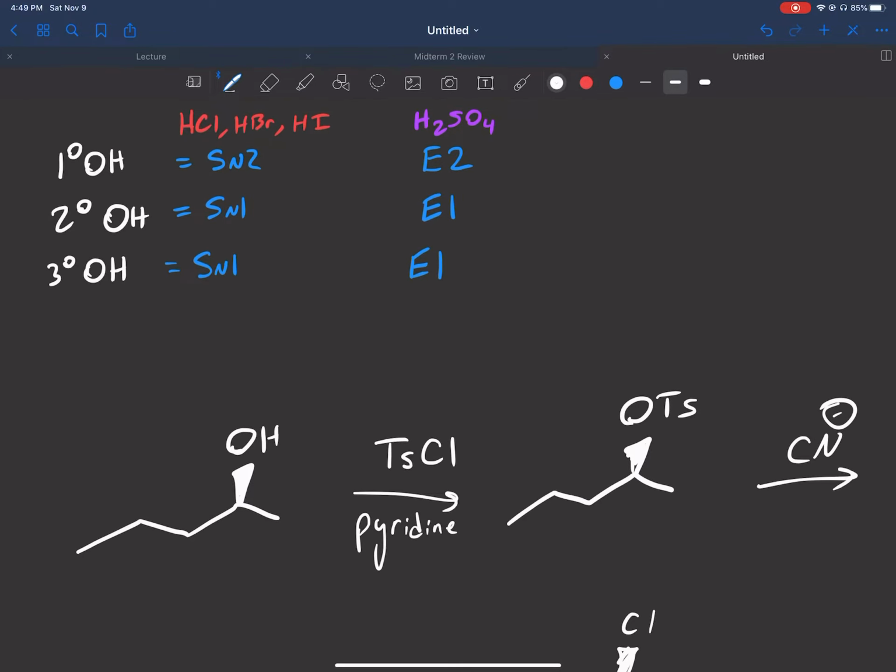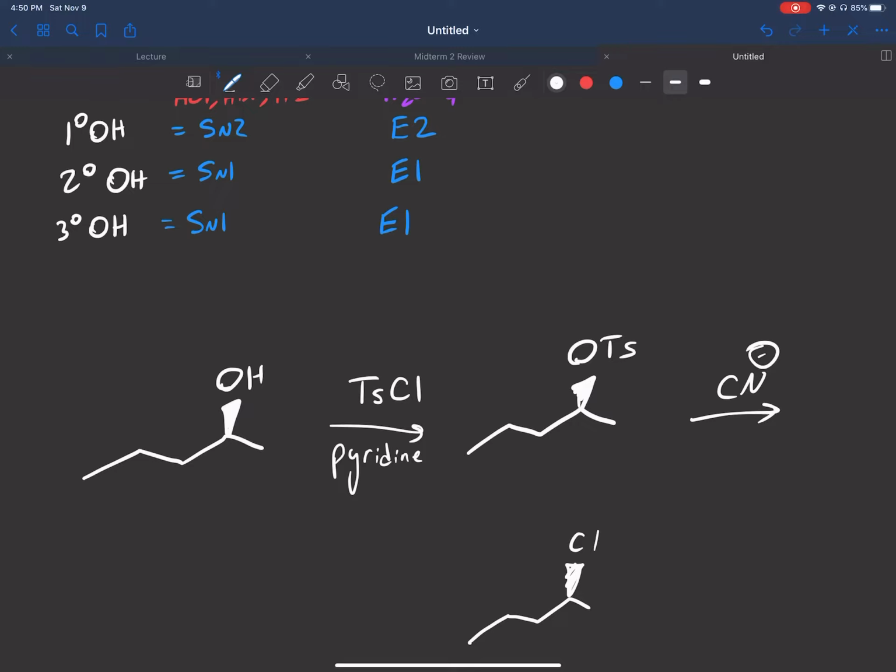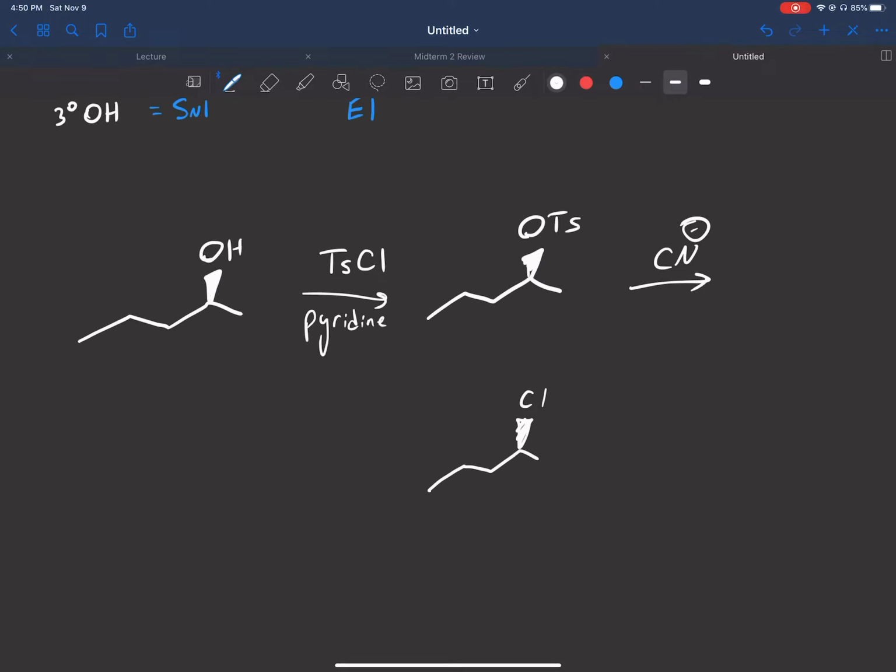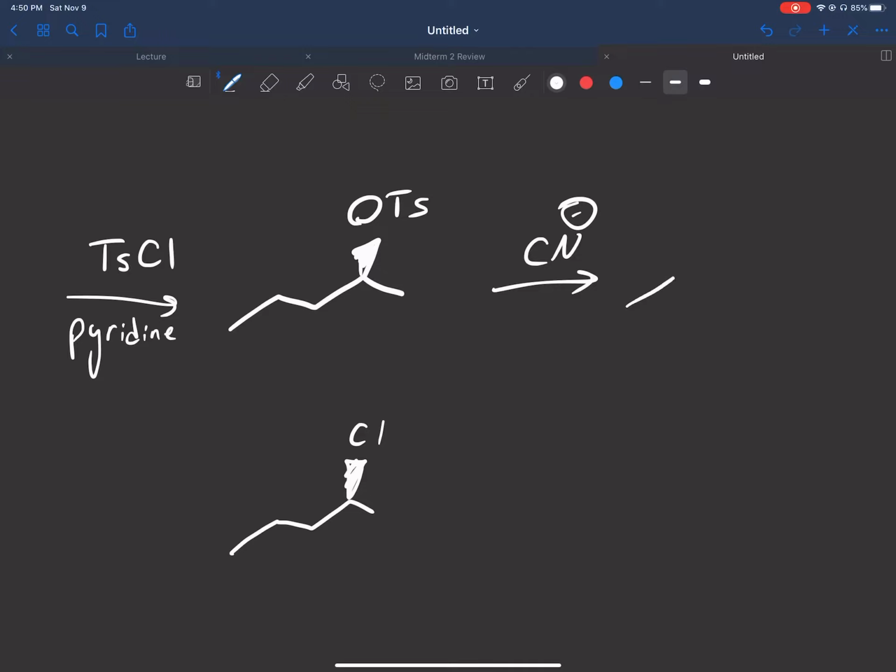Not the thought process that's exclusively using one of the acids. Now, if we have a secondary leaving group reacting with CN minus, something that's a good nucleophile but a weak base, we'd go SN2. If it was a strong base, we would go E2. Okay, so in this case we'd just go SN2, which would result in an inversion.